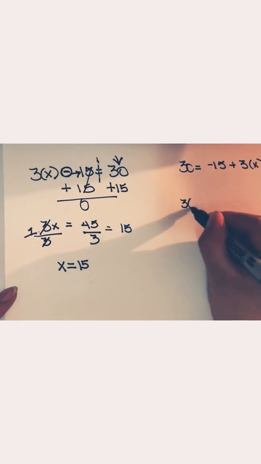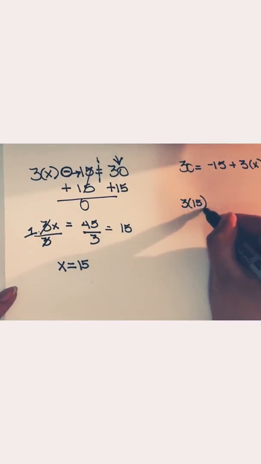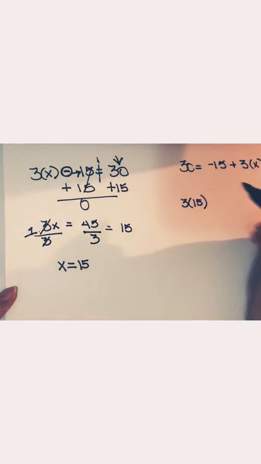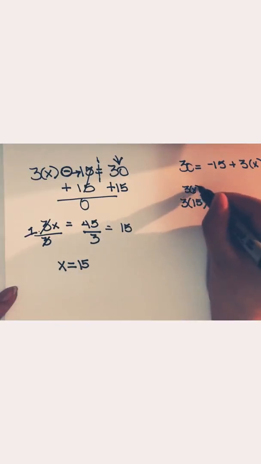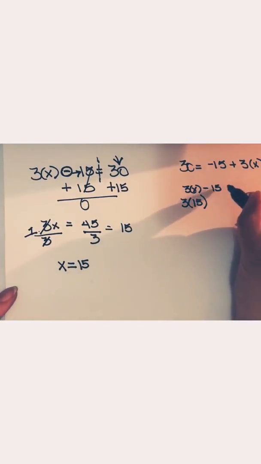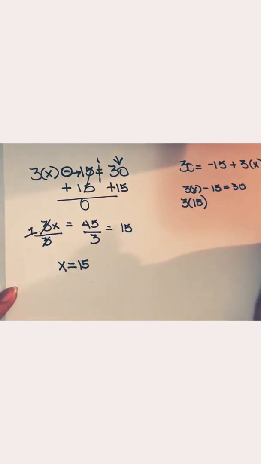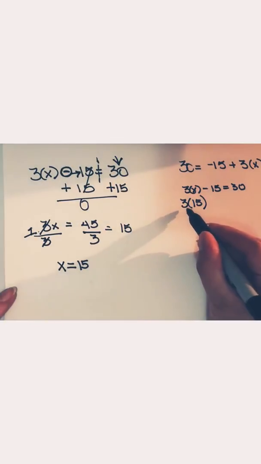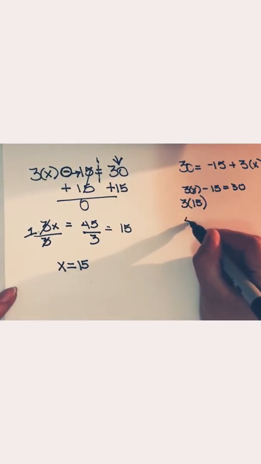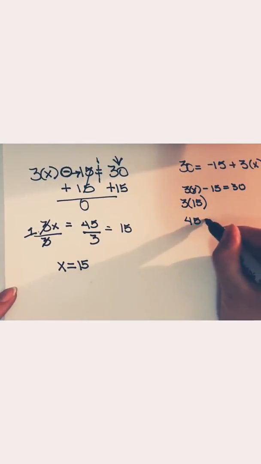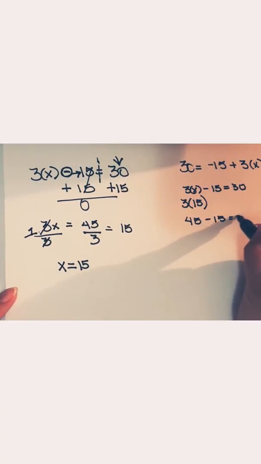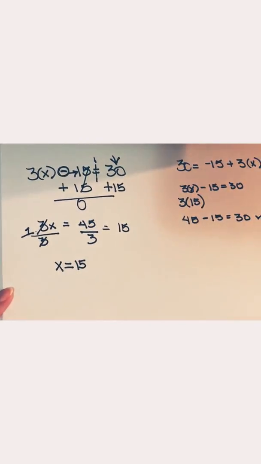So 3x, which we know what x is, so it's 3x minus 15 equals 30. So here, 3 times 15, we know it's 45, minus 15 equals 30. So it works out.